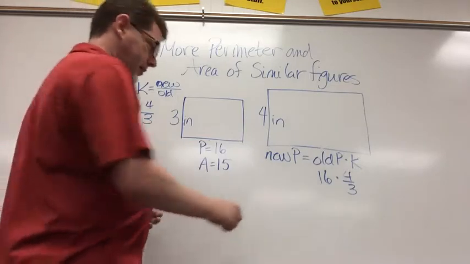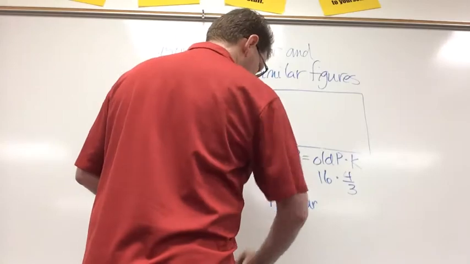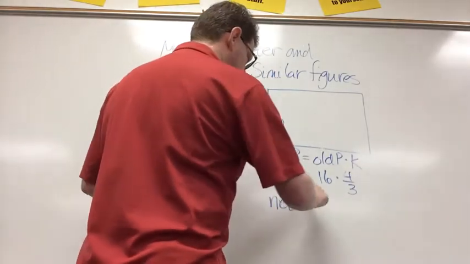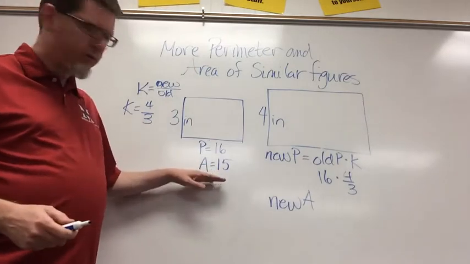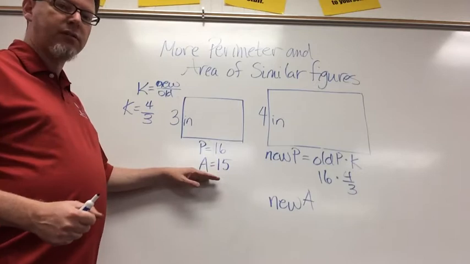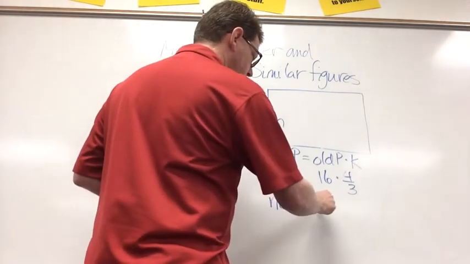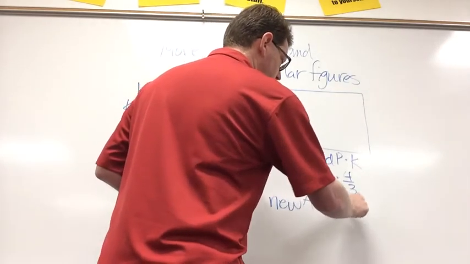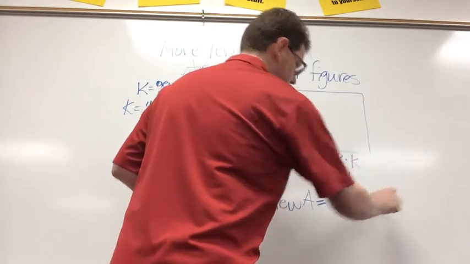Now let's talk about area. How do I find the new area? I'm just going to put capital A instead of spelling it out. Well, you remember, we have the old area. We know that the area of the smaller or the original rectangle is 15. So to find the new area, I take the old area and multiply it by K squared.